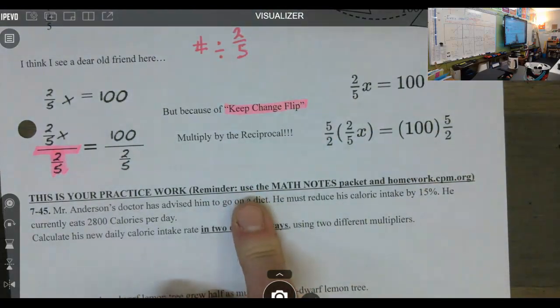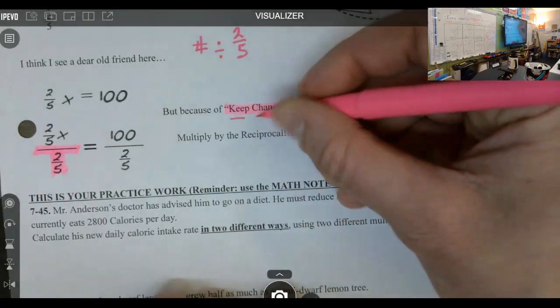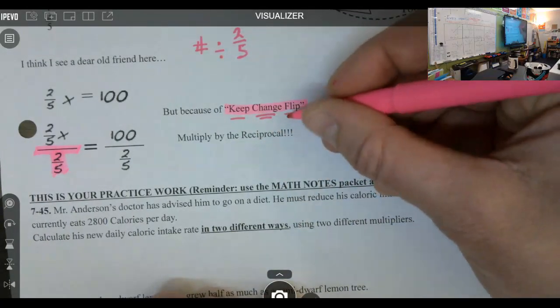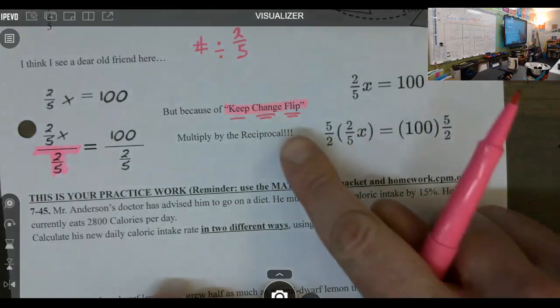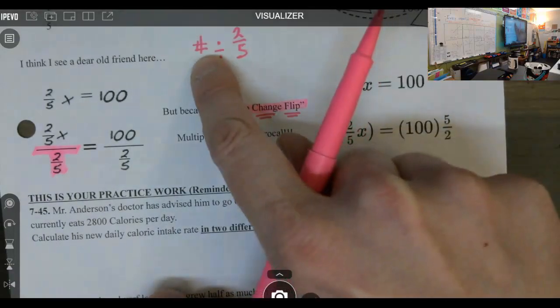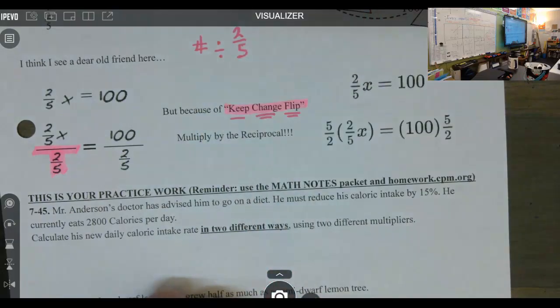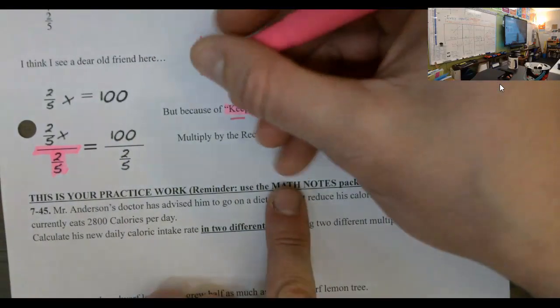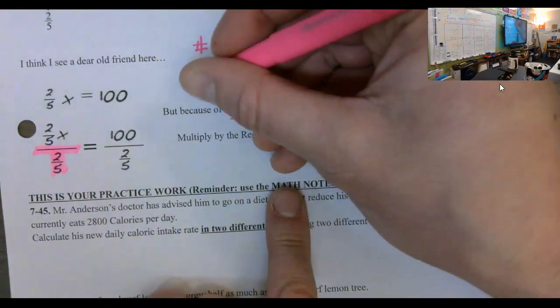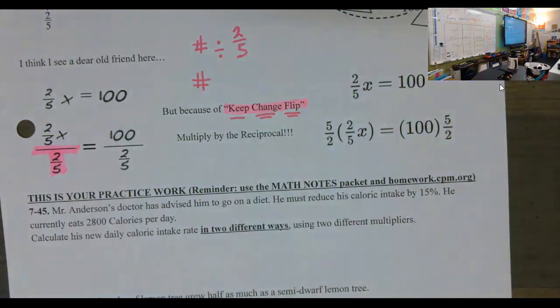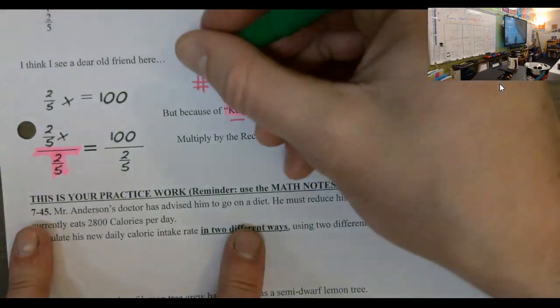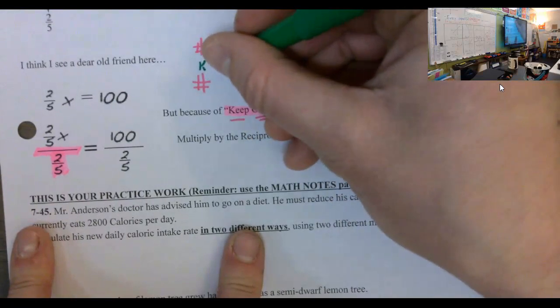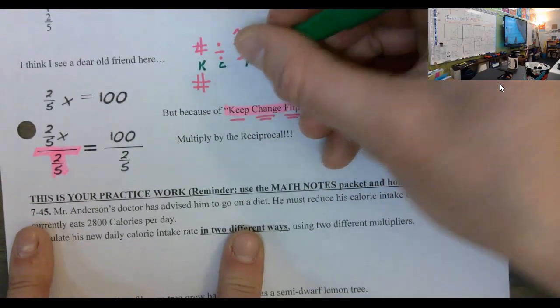You should be writing this down. Keep, change, flip. What do we keep? The first number. That hashtag symbol just means number, right? So we keep the first thing. But then, what do we change?